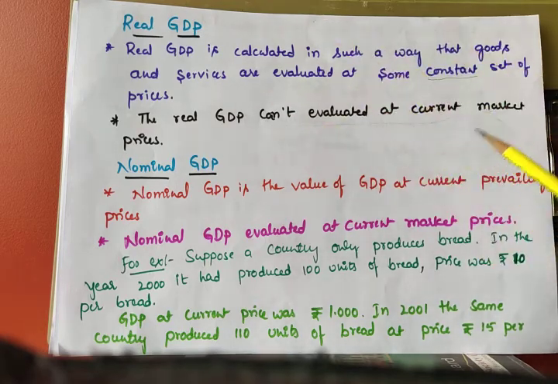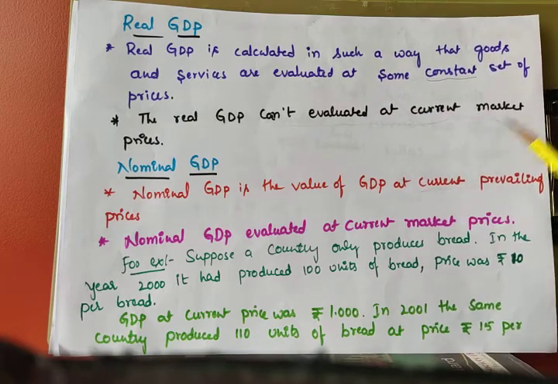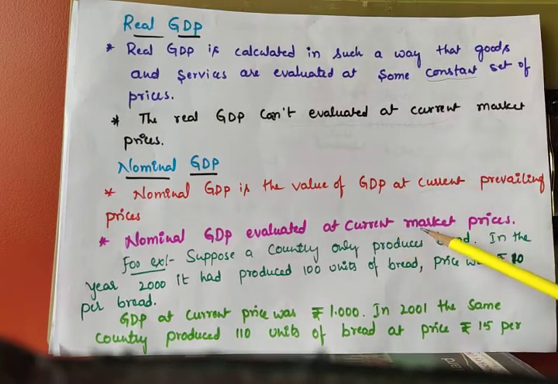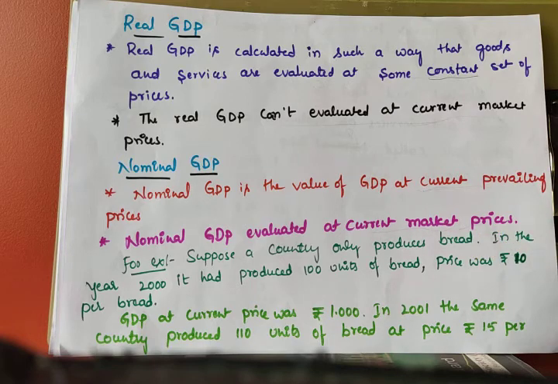But nominal GDP is calculated at current market prices, the present situation. Constant means no changes. Current means definitely it will change.